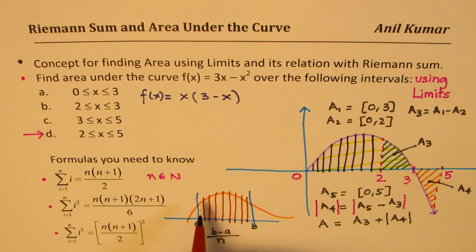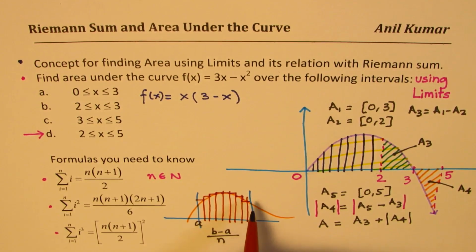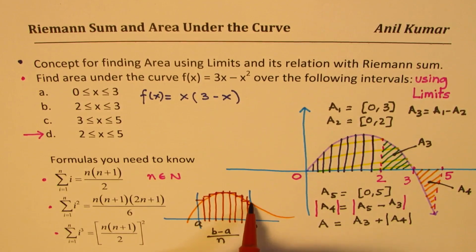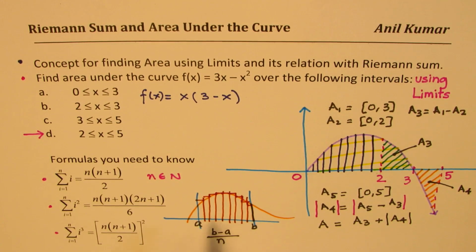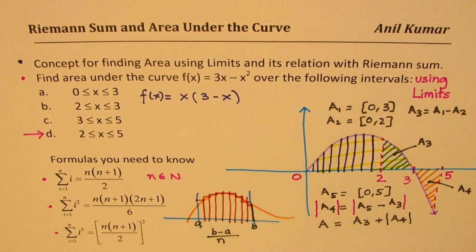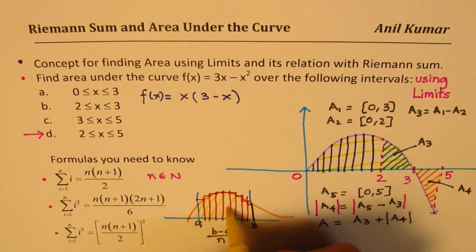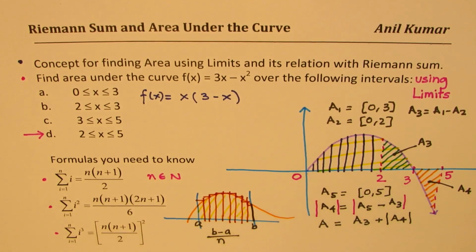Okay, so we will form rectangles. The area of the rectangles approaches the area under the curve provided n is very large. You get my idea, right?